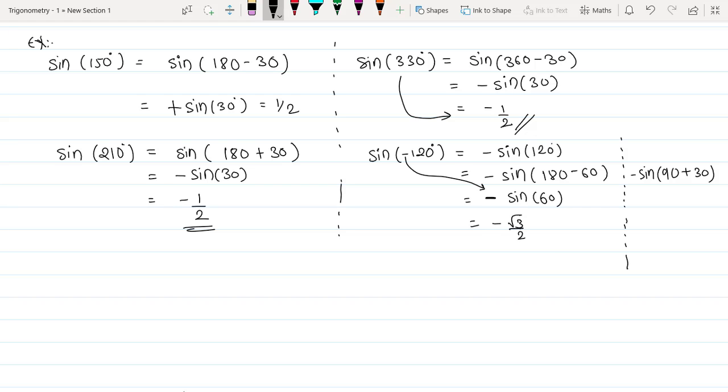Let's try to get the answer with the help of sine of 90 plus theta.